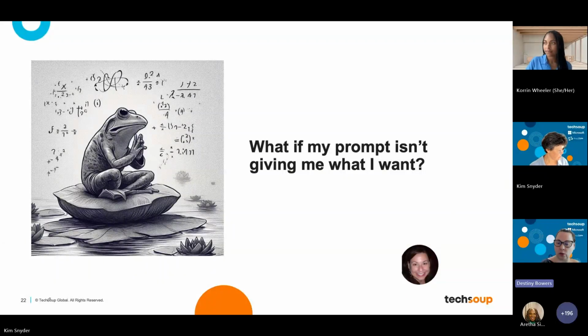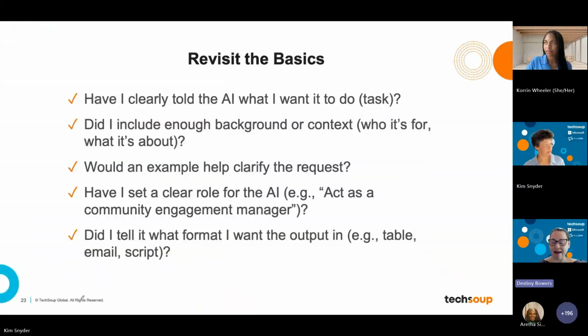When we take a look at some of the original basics: was I clear in what I was asking for? Did I give clear instruction with any of the particular nuances that I might need to give? And did I also give context, the background, the story? This is something new, I think, for some people. What is the audience that you're speaking to? Who are you in that audience?